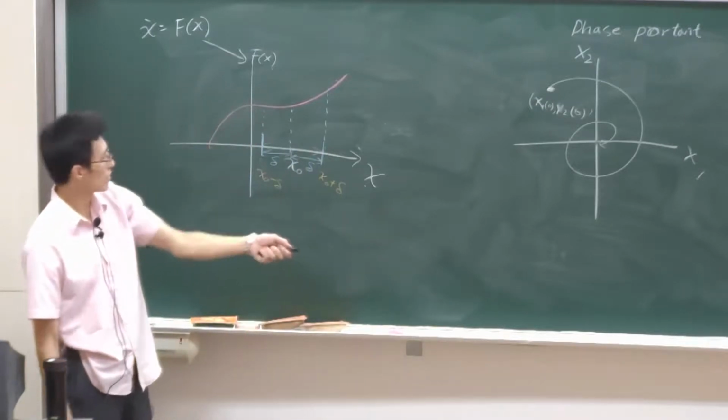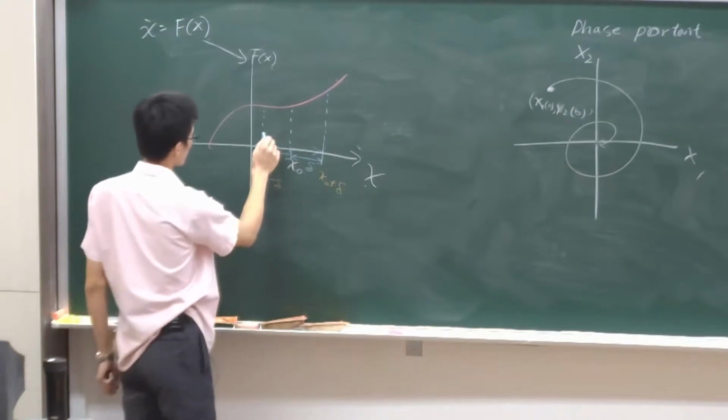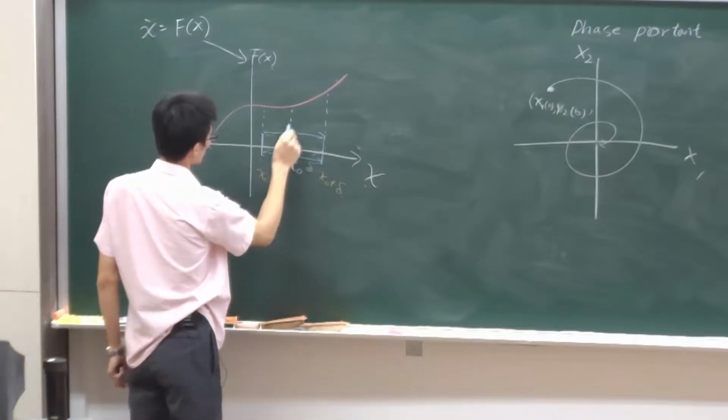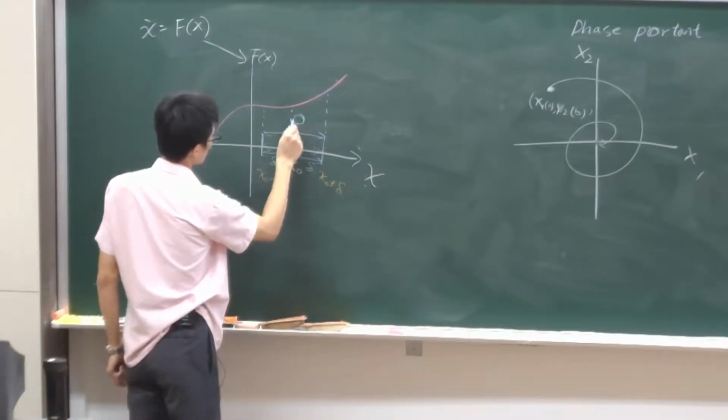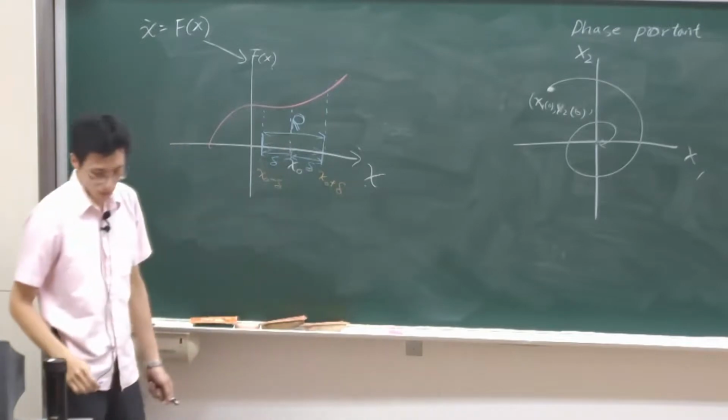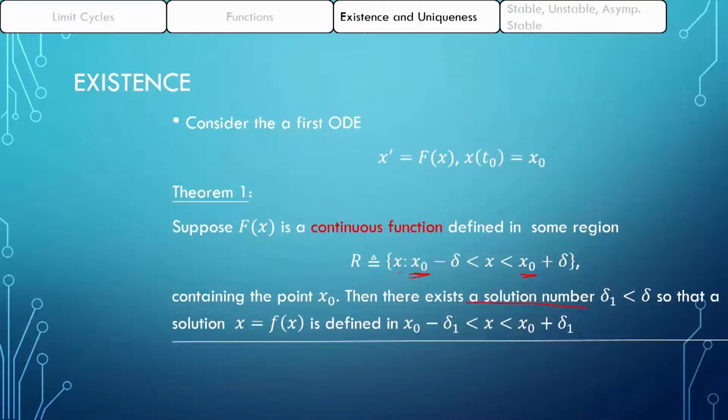So R is in this region, right? If this function is continuous in R, everywhere here is continuous, no jump, then there exists a solution defined in this region.